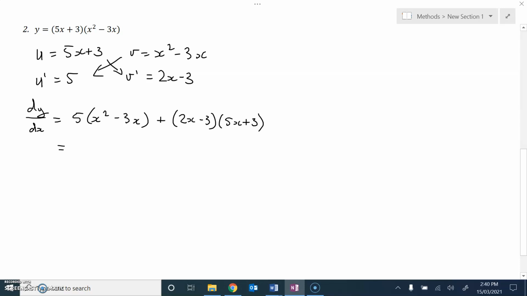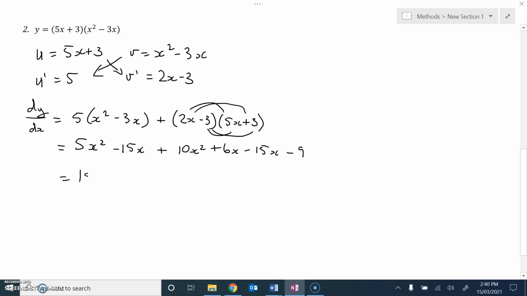Let's expand that all out. 5x squared minus 15x plus now 10x squared plus 6x minus 15x minus 9. What does that all give me?